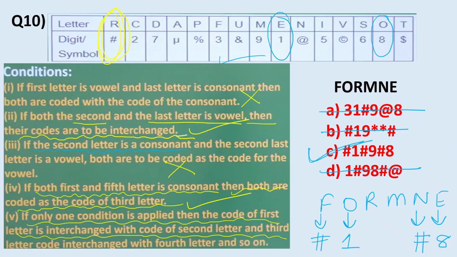How to find out for R, M then? Then what you have to do is simply check the table here. Now see, what is the code for R? Hash. So put hash here. What is the code for M? 9. So put 9. That is your answer. That's it. Okay.